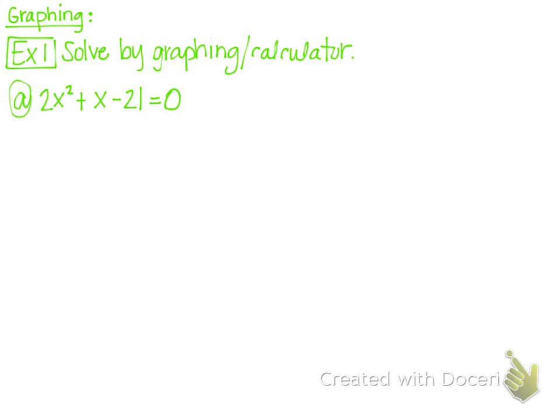So now I need for you to press second calc, go to 0, which is number 2. Then you've got to do this twice. You've got to find the left solution and the right solution. So do this now.